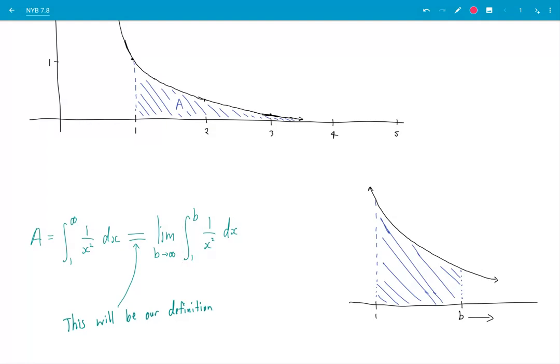So instead of going from 1 to infinity, we'll go from just 1 to some number b that's bigger than 1, but it's a number. And we'll find that value. And then once we've done that, we will let b go to infinity. So you can imagine this b moving to the right.